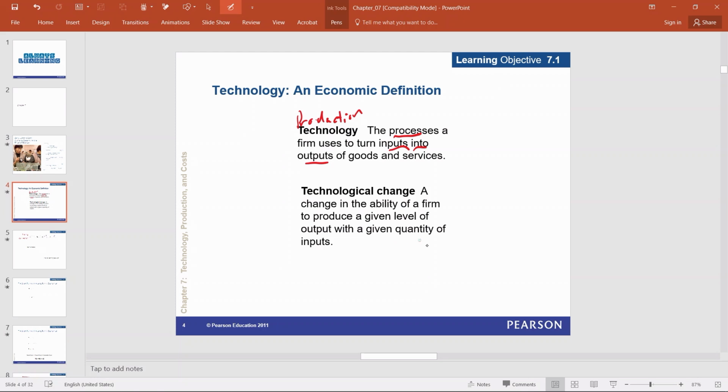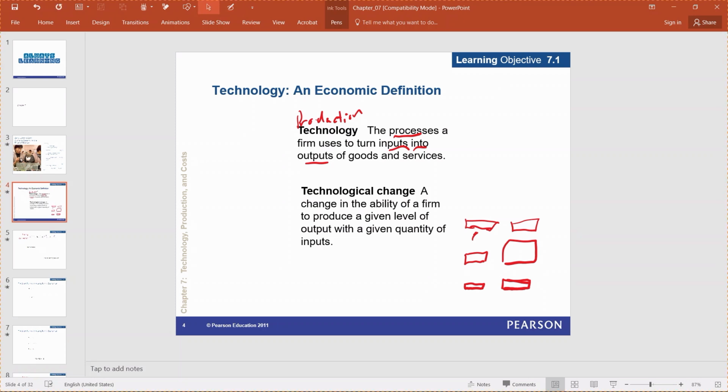You could use the same level of input, but get a greater level of output. Or for a given level of output, you will be using a smaller level of input, which makes some savings. So this is called technological change.